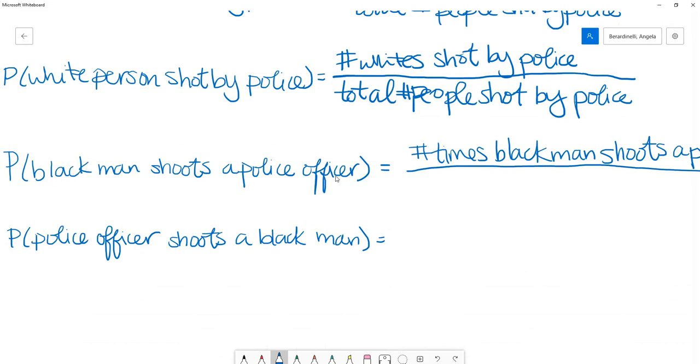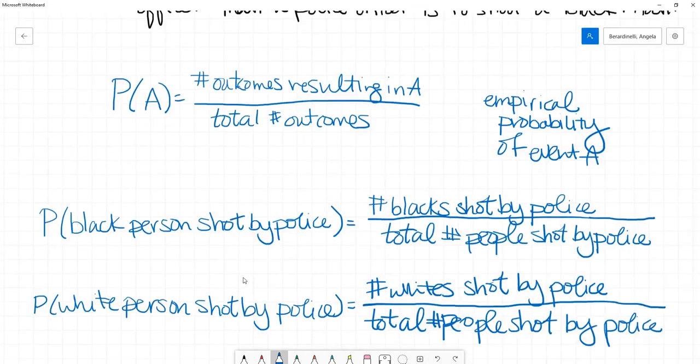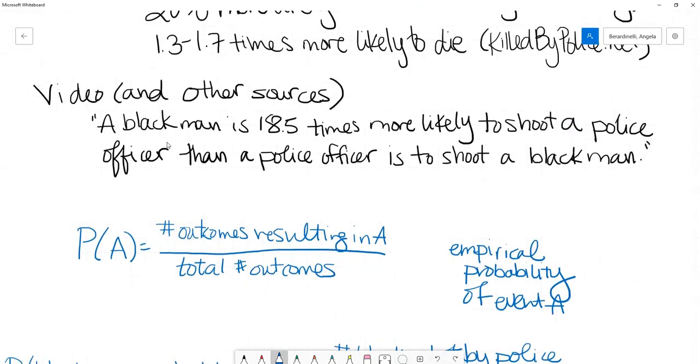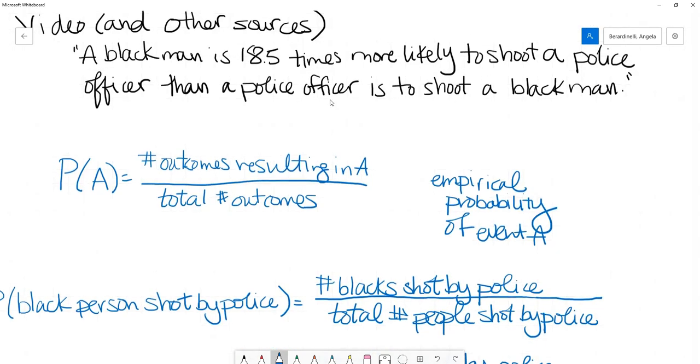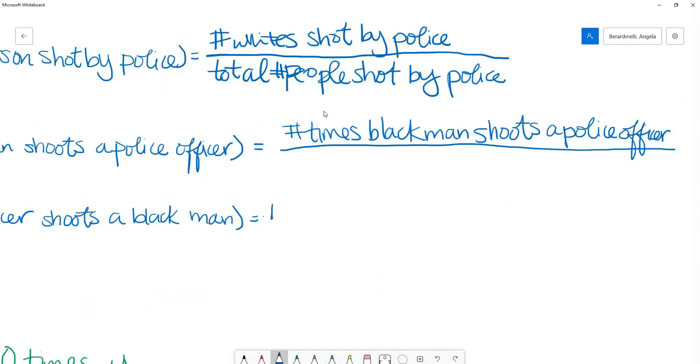Out of the times that a police officer sees a black man? What are we comparing to here? If we go back to the original, we're comparing the likelihood of shooting a police officer, and it's from the perspective of the black man shooting a police officer. And so this is certainly debatable. The way that it is worded here is my interpretation.